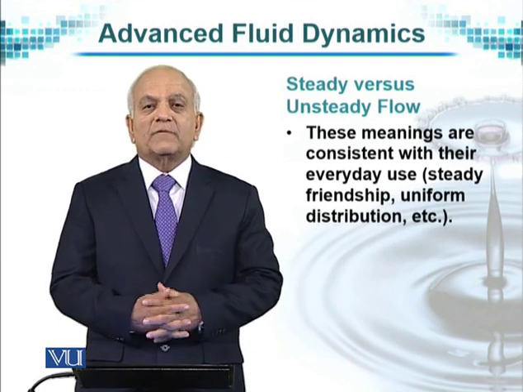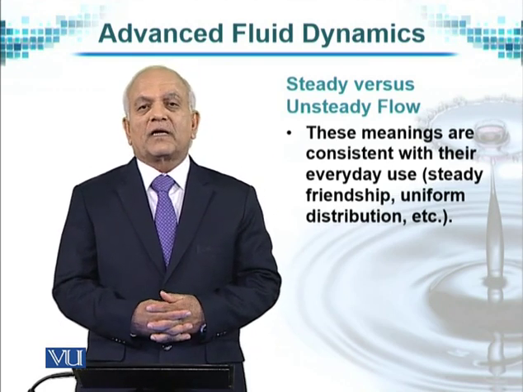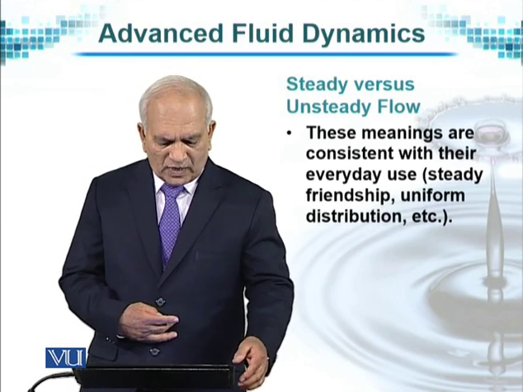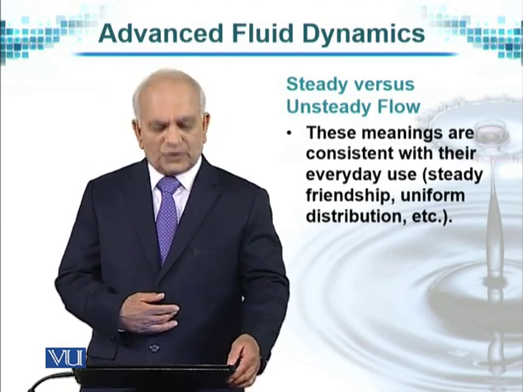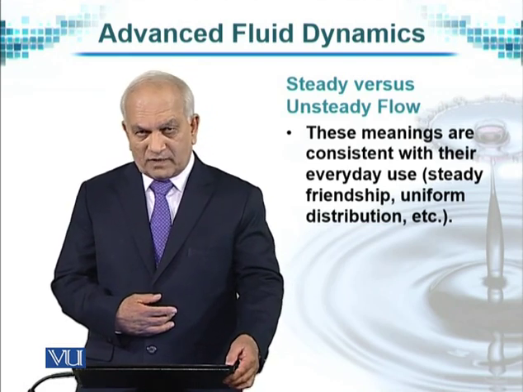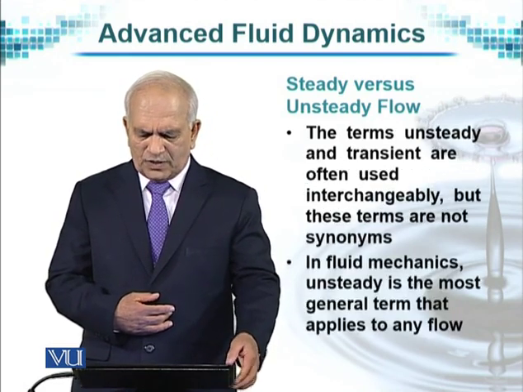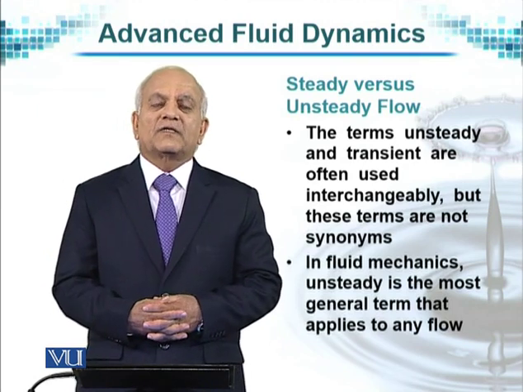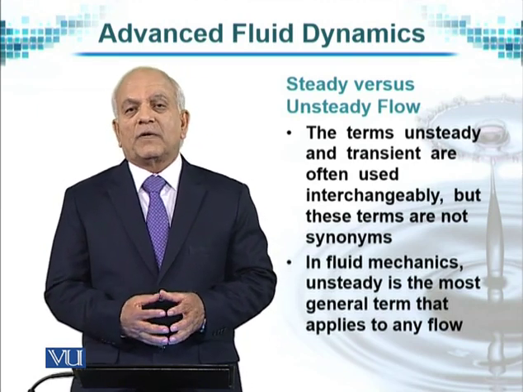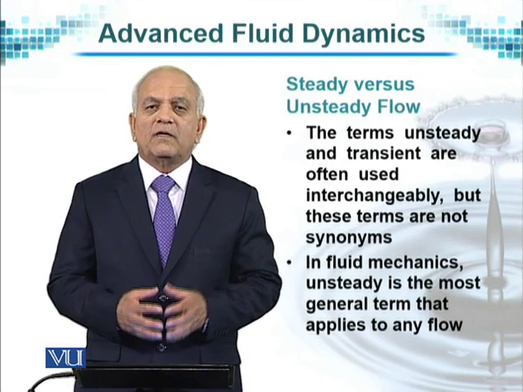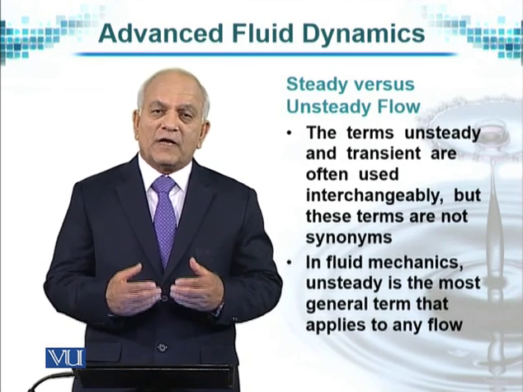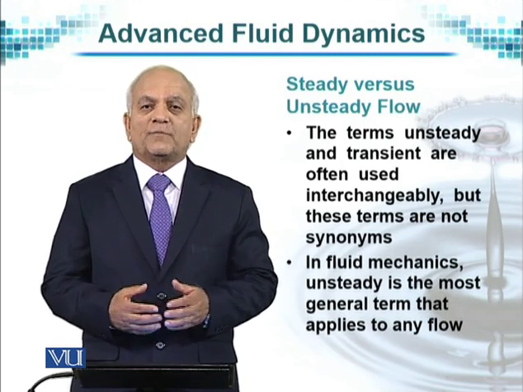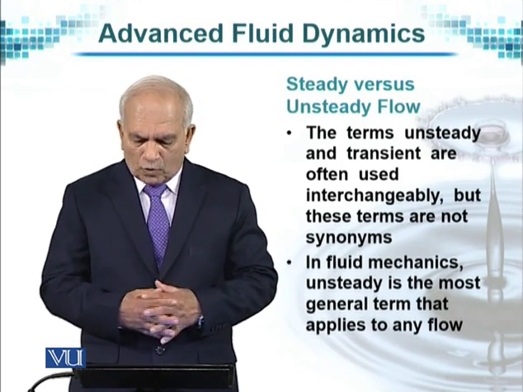A steady friendship is one where some people are getting on well for a long period of time, and with time nothing changes. So we are using this terminology in our everyday life as well, but it doesn't apply only to fluid flow. Here we are focusing on the time changes with respect to the fluid flow only.